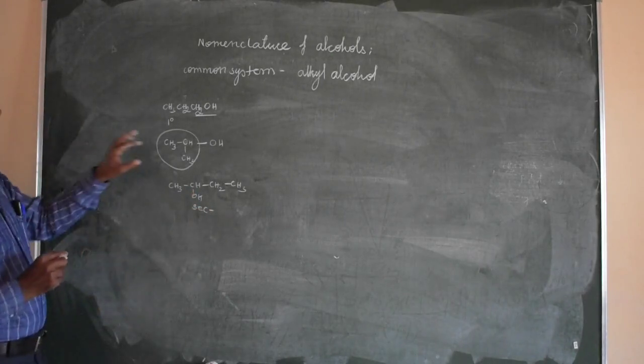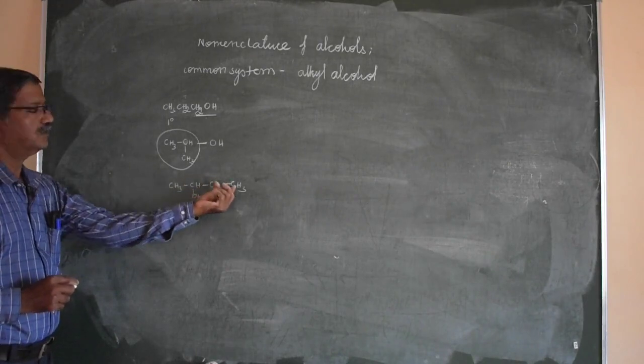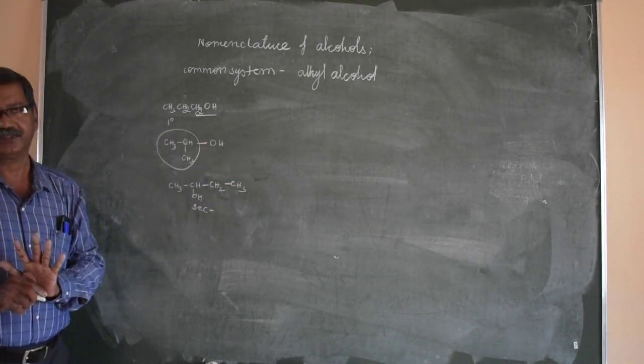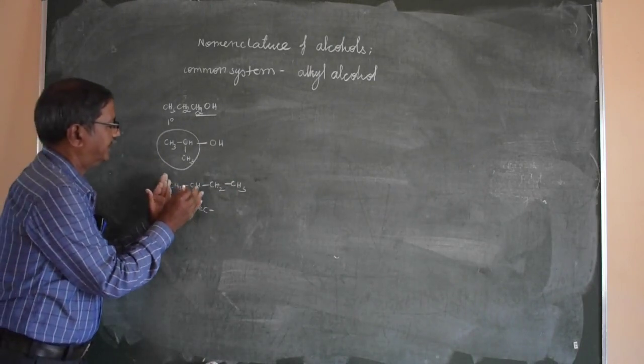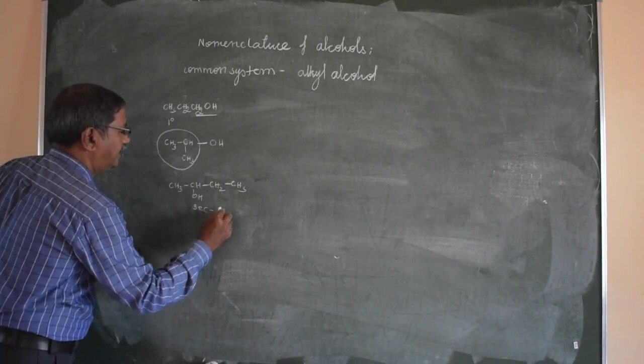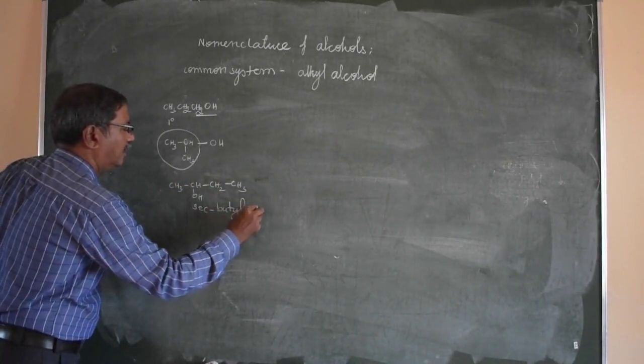See the difference: here CH to two CH3, here CH not to two CH3, we have one CH3 and some other group. This is called secondary. Number of carbons: 1, 2, 3, 4. Secondary butyl, since 4 carbons means butyl alcohol.